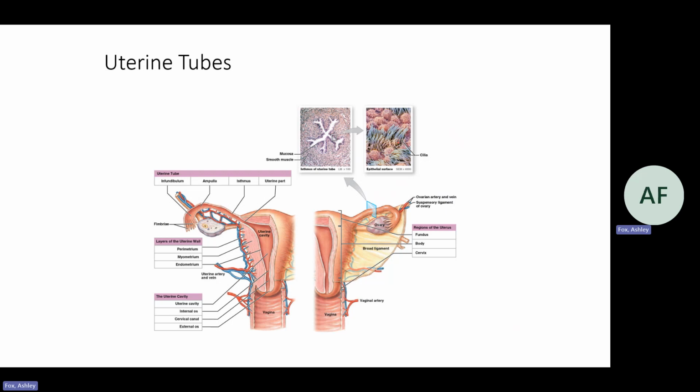This is just showing you that there's a large amount of cilia all along here, because the oocyte needs to go from here, if it's fertilized or if it's not, and move into the uterine cavity. So we need help with movement. But there's also a lot of smooth muscle surrounding it. So we're also going to have peristaltic movements to help with moving the oocyte as well.